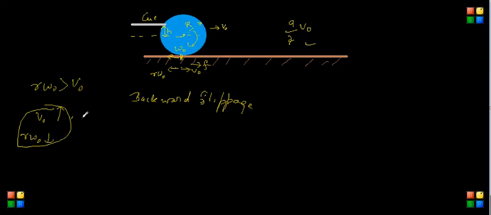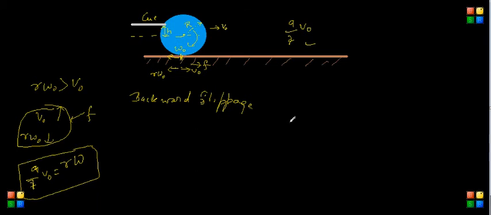This is what friction is trying to do, so that ultimately the velocity 9 by 7 v naught is reached, such that at a later stage some omega is found, which is to be equal to r into omega, and this is equal to 9 by 7 v naught. So this is the case of pure rolling, which will happen eventually.